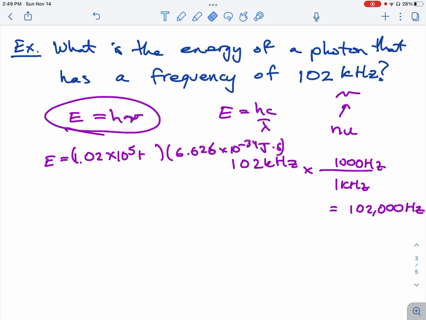It helps to think of the hertz as 1 over seconds to look at the units, because you have 1 over seconds here and seconds here, so they cancel, and you're left with joules, which is the unit of energy, so that seems appropriate, right?